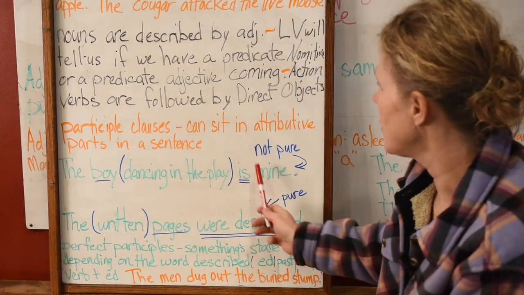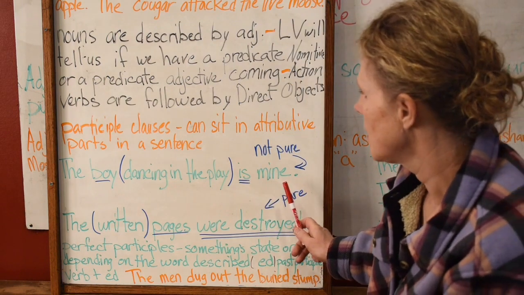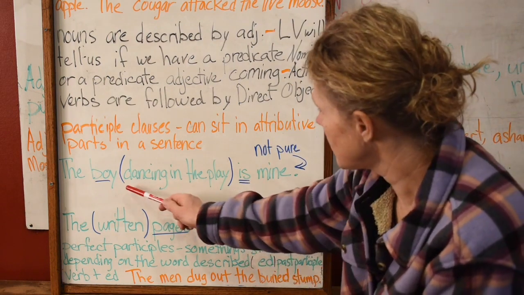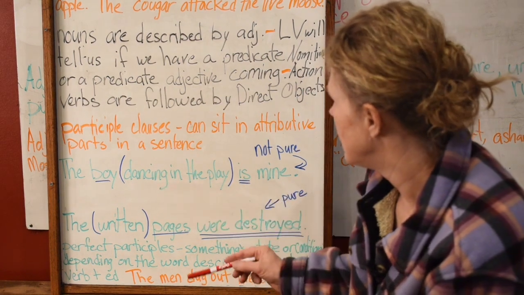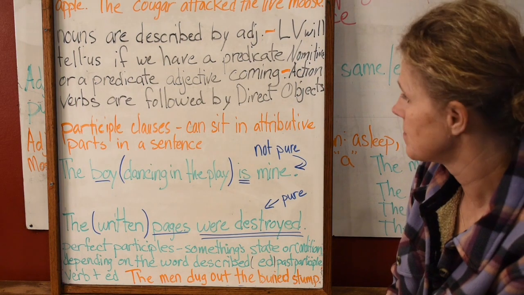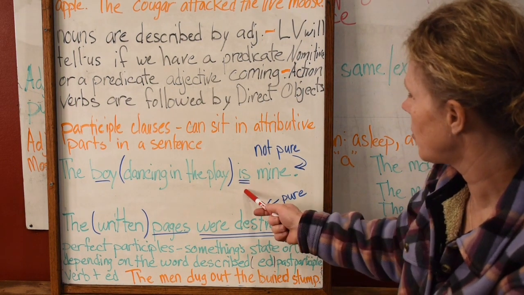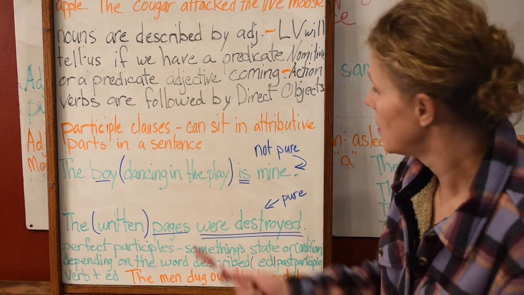Now, this is a participle clause right here, because it has your ing in there, right? What's your subject? Well, maybe I should say, what's the verb? Is. Who is? The boy.